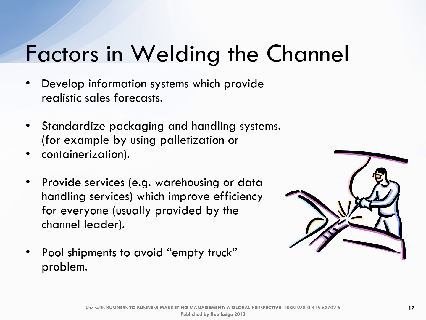A company can provide services, for example warehousing or data handling services, which improve efficiency for everyone, usually provided by the channel leader. It can also pool shipments to avoid empty truck problems. So with these factors, a company can work the channel.